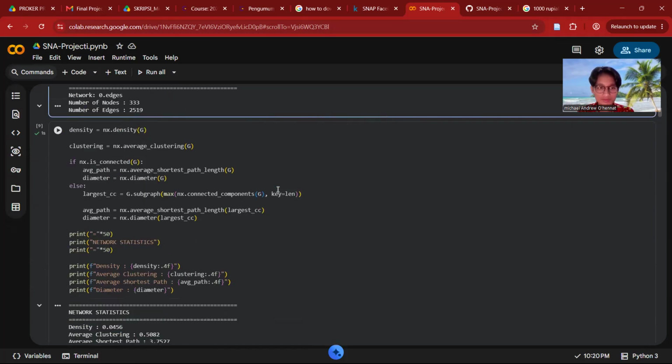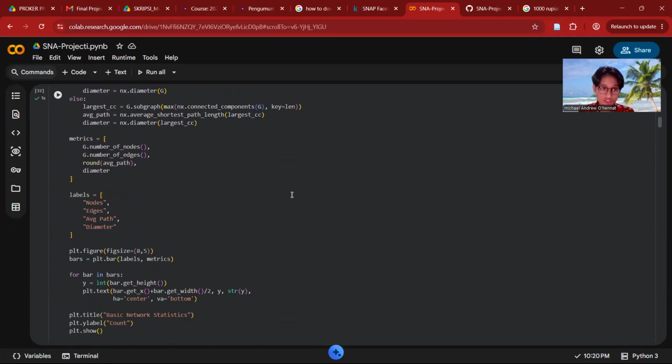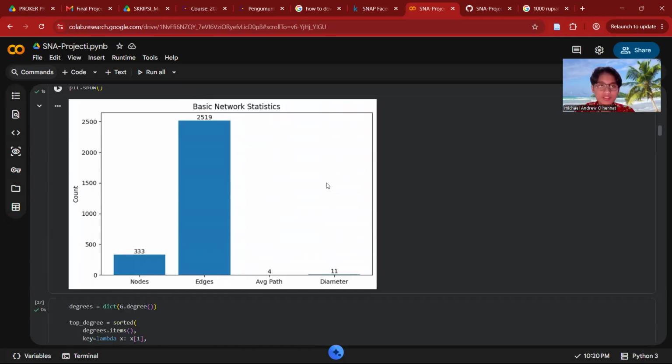Let's carry on. This is the density for ego number 0, the density and the average clustering, average shortest path, and the diameter. Okay, what does this mean for this graph?